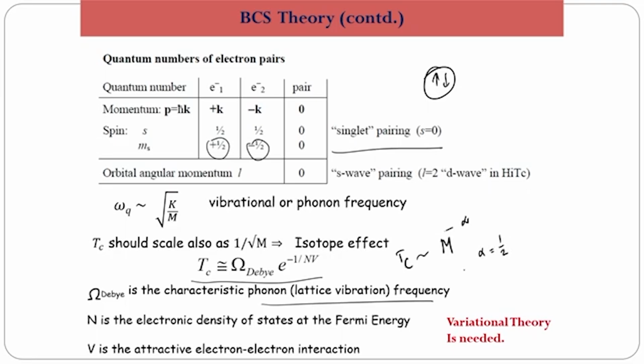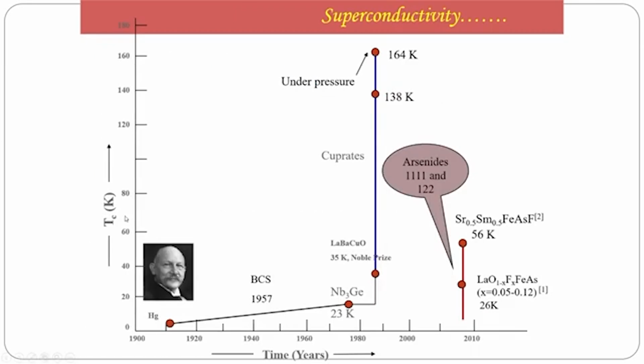Okay, so alpha is half, which means it's 1 by root over m, and this is also the dependence of the angular frequencies on the ionic masses, as you can see there. It's 1 by root over m. So the phonons must be playing an important role, which is what Cooper had understood.